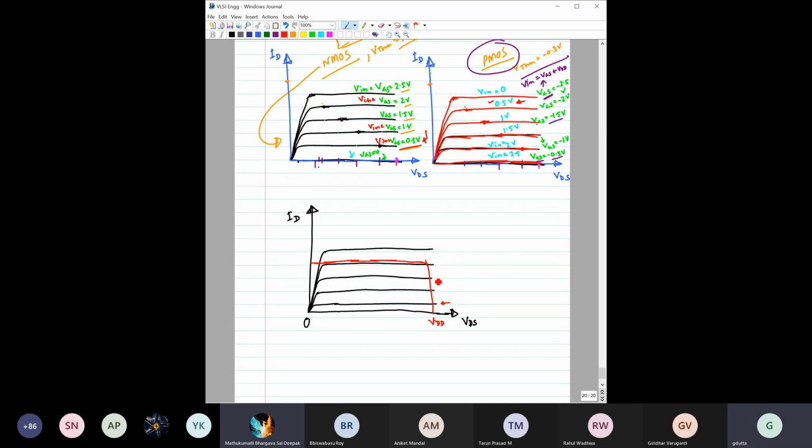So as you have suggested, this is V in equal to 0.5 volt, right? Before I go further, here it is for V in equal to 0.5 for PMOS, and for NMOS this is the characteristics. So what is the intersection?